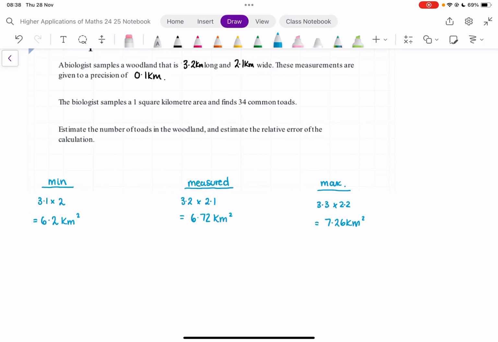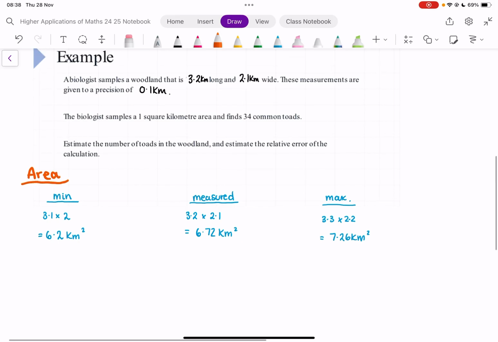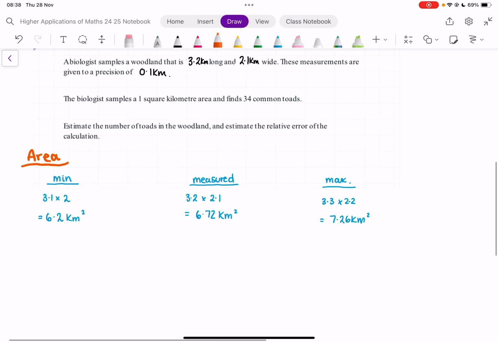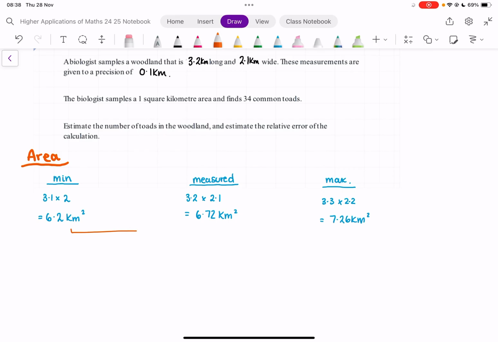The calculation that I've already done sitting here is what we've done many, many times before. So this is our area error calculation. We've got the measured area, which is 3.2 times 2.1. The smallest that can be, so I've subtracted 0.1 from both measurements and then worked out the area there, and then I've added 0.1 to both measurements and worked out the area there. So we can get our absolute error here.